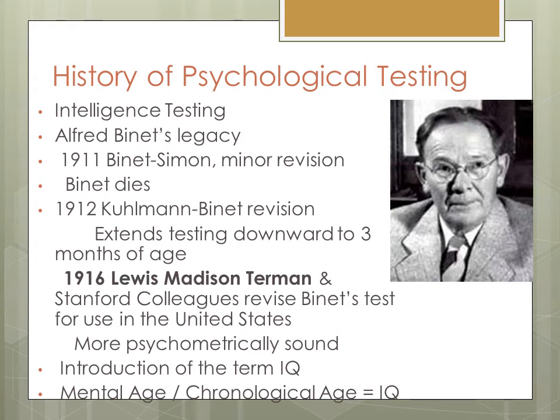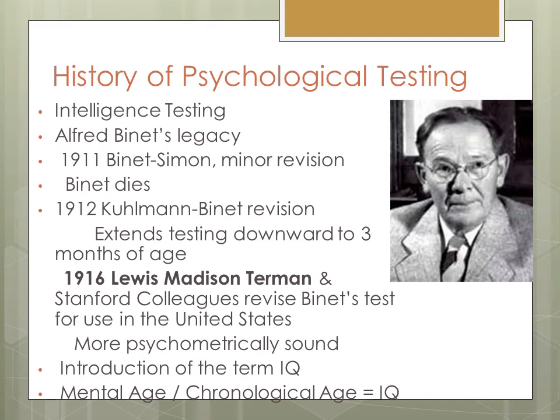So that Coleman was able to explore and expand the norm of the test. Okay, so just to clarify, norm meaning the normal average performance of the test in a given sample. These are the participants. Okay, so in 1912, Coleman expanded the norm downward to 3 months of age.